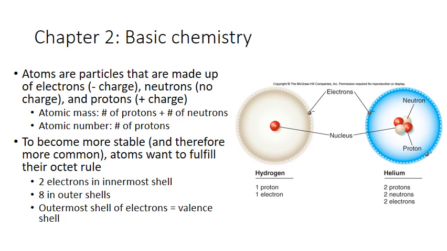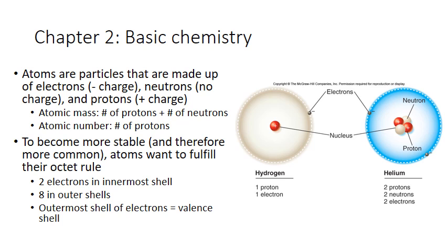But if they have only 6 electrons total, then they have 2 in the inner shell, and that would only leave them 4 in the outer shell. But according to the octet rule, they're going to want 4 more electrons.